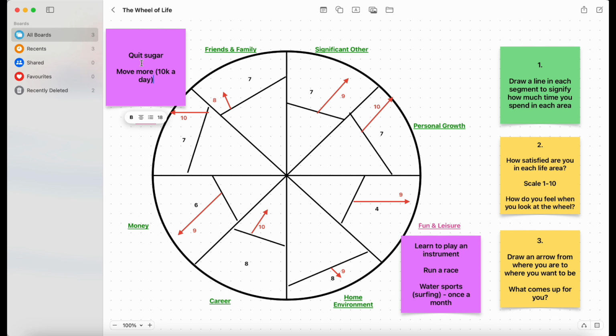I know this sounds trivial, like he's just writing stuff down, but really, as I'm doing this, I'm thinking, how can I practically do this? Walking 10K a day, how long do I need to give myself? I'd say 2 hours should be more than enough. So can I wake up and do 1 hour, and then do another hour at some point later in the day? I need to think about that. So I need to quit sugar, move more. So 10K a day would be perfect.